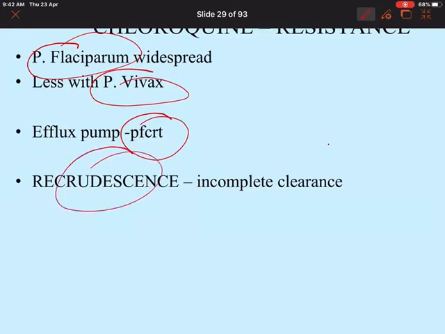What is recrudescence? This is one more terminology we hear when talking about malaria. Due to incomplete clearance of the parasite, again and again the patient will have malarial symptoms. This is because of chloroquine resistance, where we are giving a drug for which the parasite has developed resistance, so it's not completely able to clear the parasite.